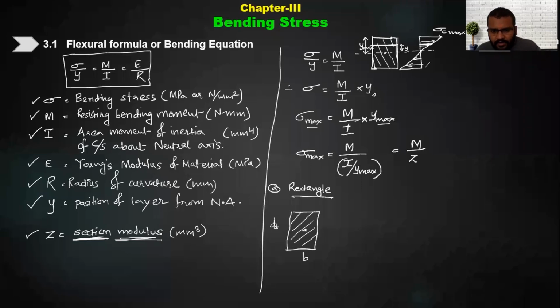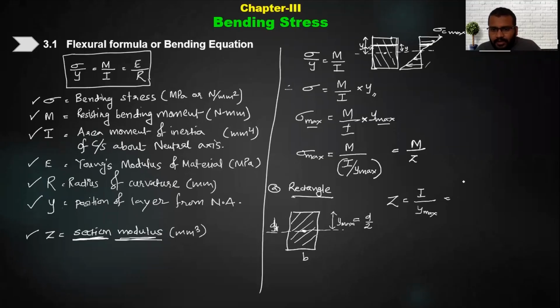And if I draw the neutral axis like this, this is the neutral axis. Now tell me, as it is symmetric, my y maximum, the distance from the neutral axis, will be d by 2. And then if I want to find the section modulus for a rectangular cross section, my section modulus will be I upon y maximum.